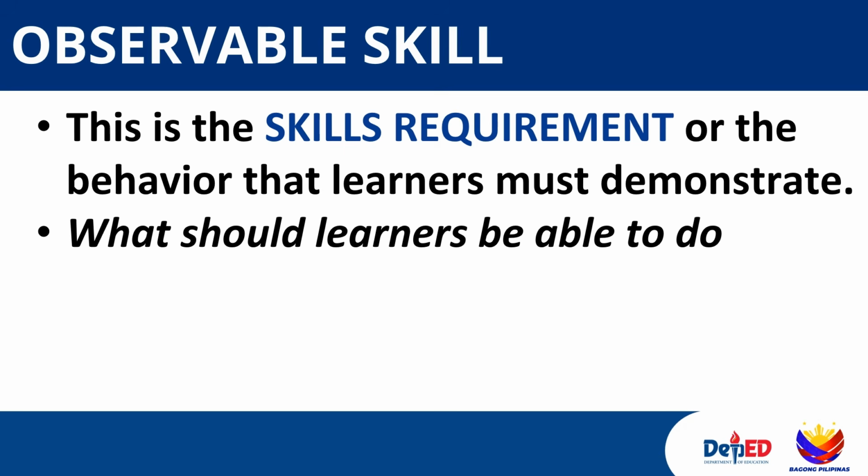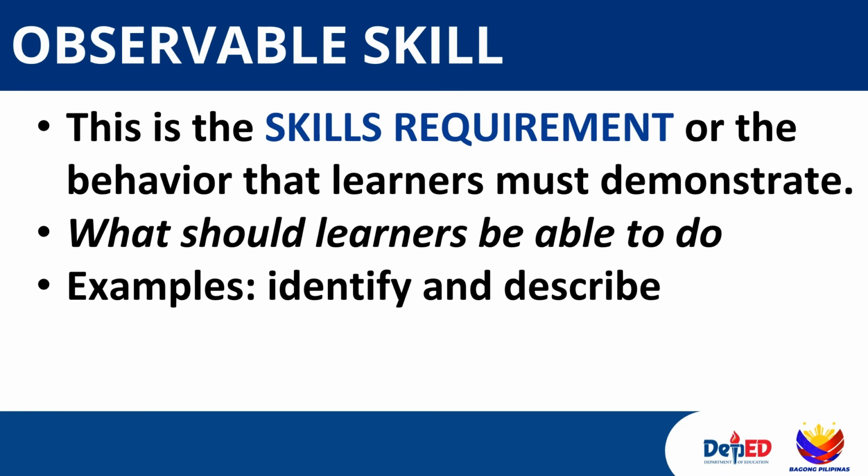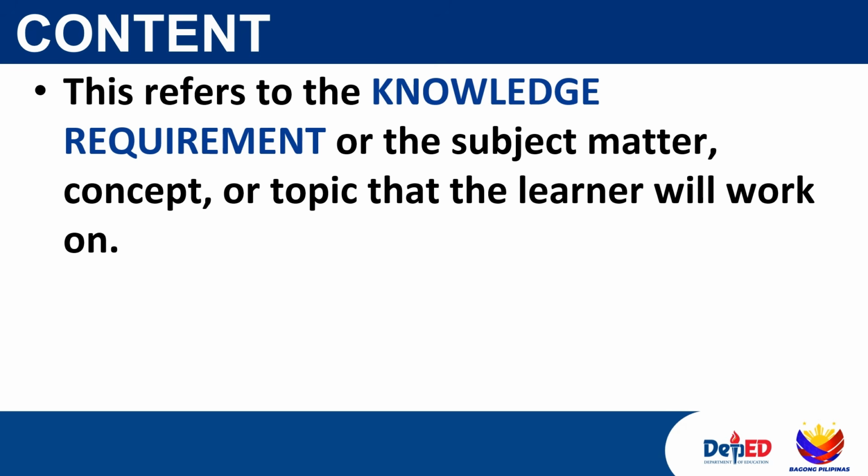This is what learners should be able to do, not what the teachers will be able to do. It is on the part of the learners. For example, in our competency, identify and describe. Those are observable skills.